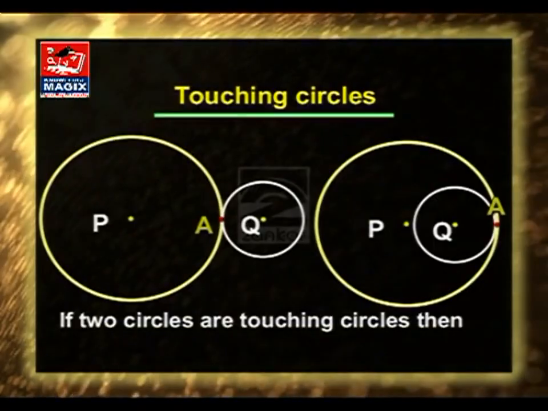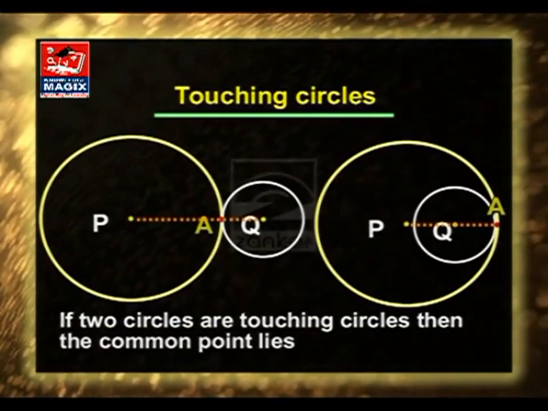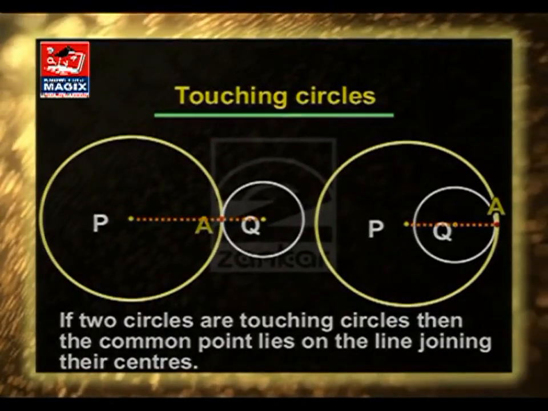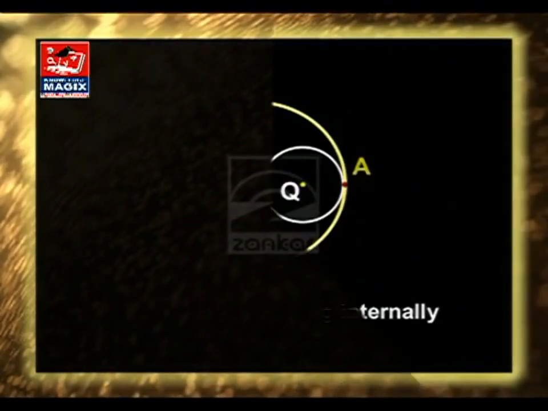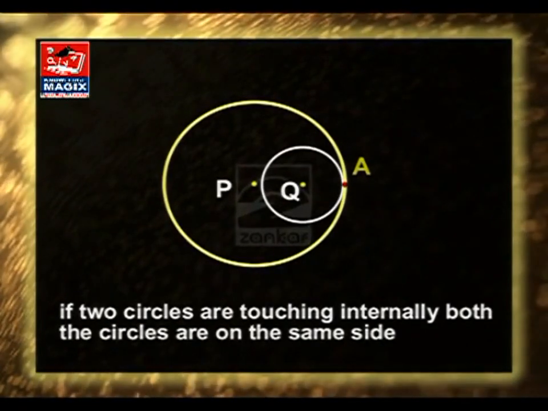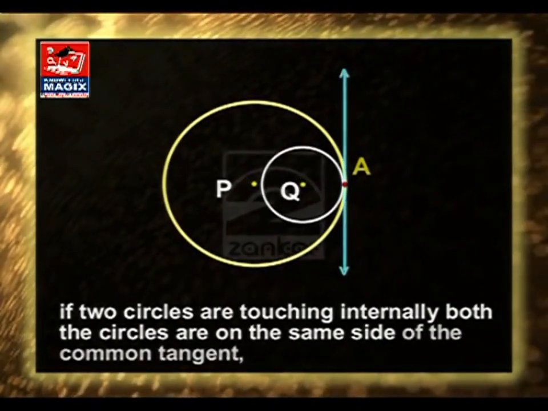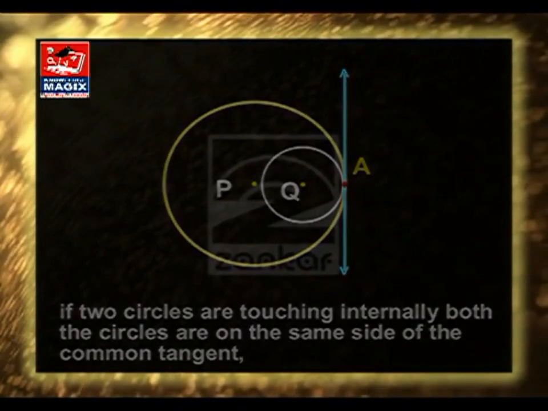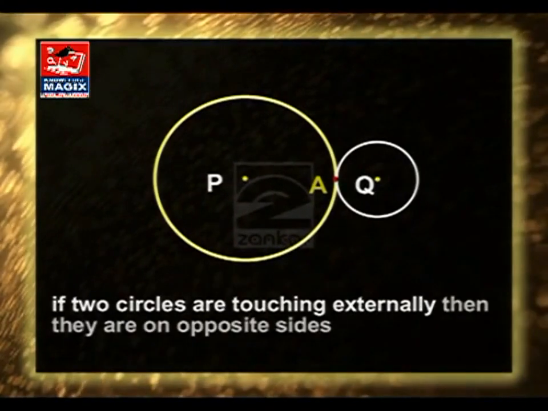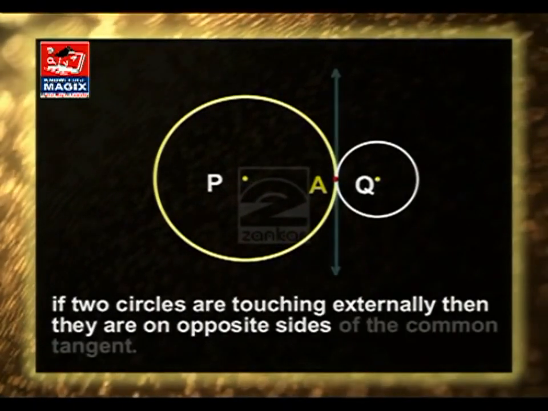Remember, if two circles are touching circles, then the common point lies on the line joining their centers. Also remember, if two circles are touching internally, both the circles are on the same side of the common tangent, and if two circles are touching externally, then they are on the opposite sides of the common tangent.